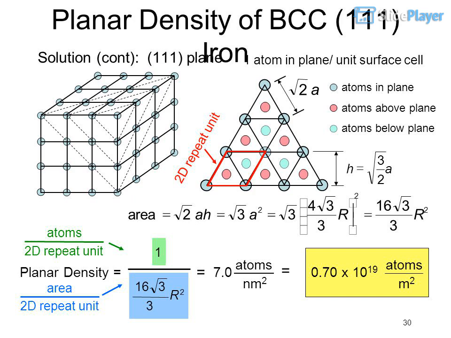Count the atoms in the (111) plane: 1 atom in the plane per unit surface cell, and atoms above and below the plane. 2D repeat unit with height h equal to the square root of 3 over 2 times a, where a is 4R over the square root of 3. The area equals 2 times the square root of 3 times R squared times 16 over 3. This gives 7.0 atoms per nm squared, or 0.70 times 10 to the 19 atoms per m squared.